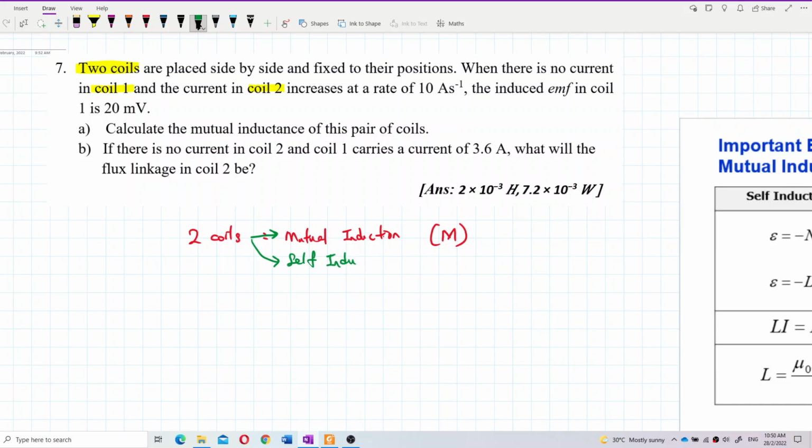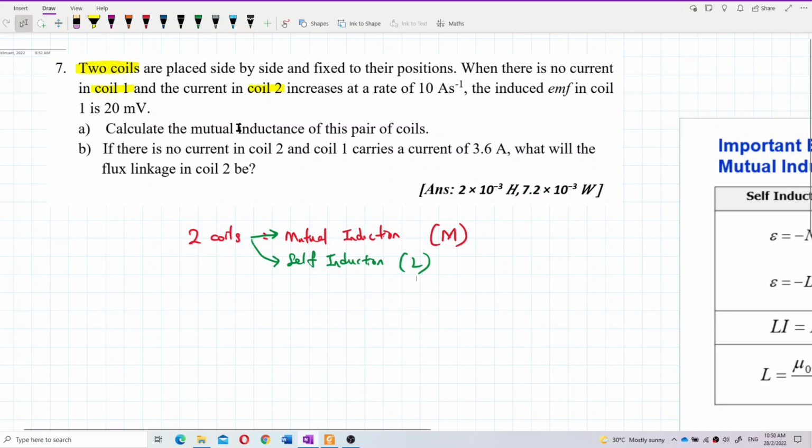If only one coil is involved, then it's only self-induction. If two coils are involved, it's either mutual induction or self-induction. Understand? So you must be very clear on this.